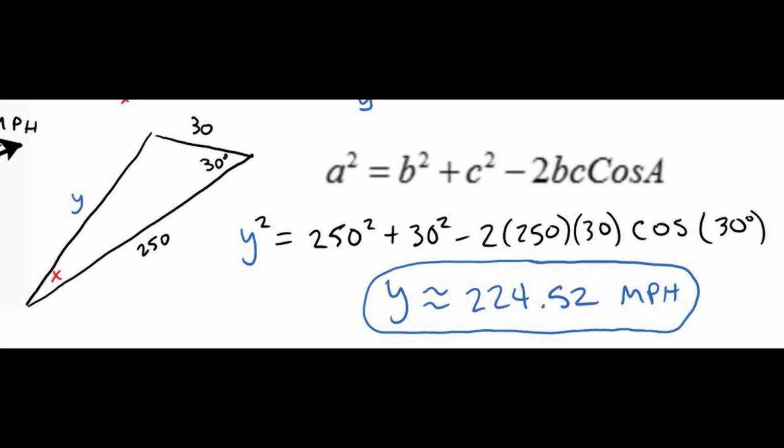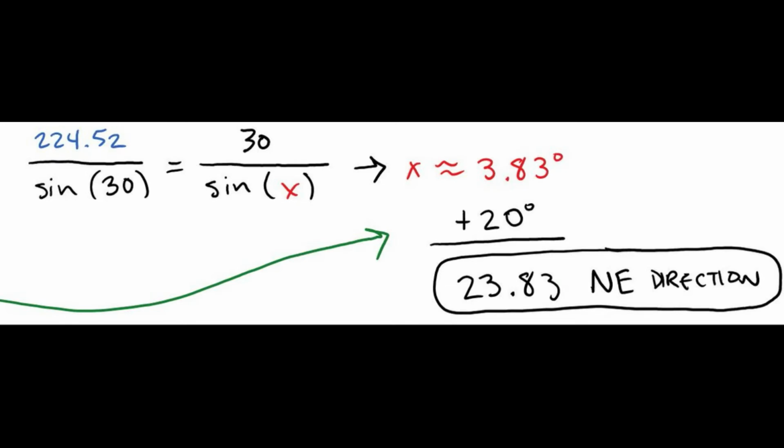So in this triangle that I drew, I have this red X. I'm going to solve for that red X, and I used the law of sines to do that. 30 is across from the red X, and the 224 we just found is across from the angle. If you do all this correctly and inverse sine it, you get 3.83 degrees.